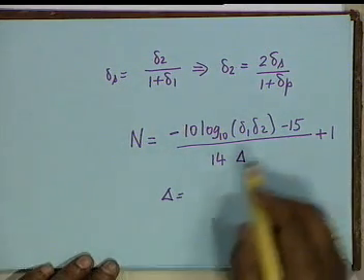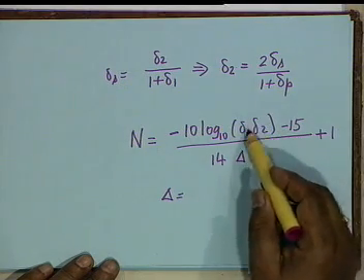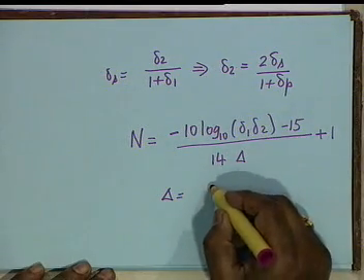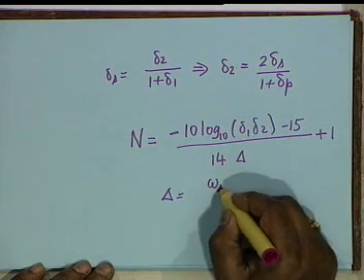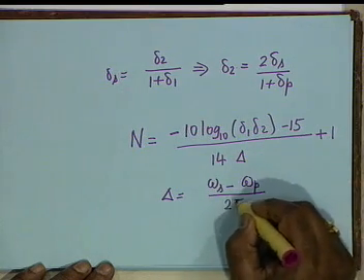That is correct. Minus log 10 delta 1 delta 2 minus 15, because this is going to be a small quantity, so log will be negative. Okay? And delta is, in our terminology, omega S minus omega P divided by twice pi.